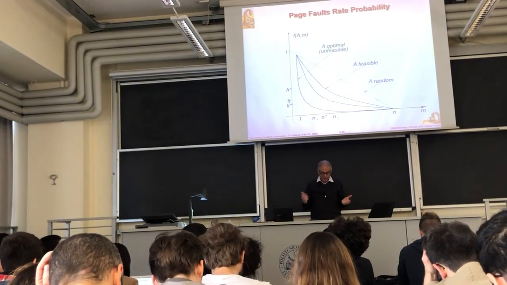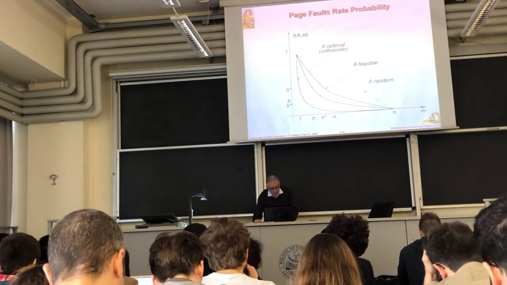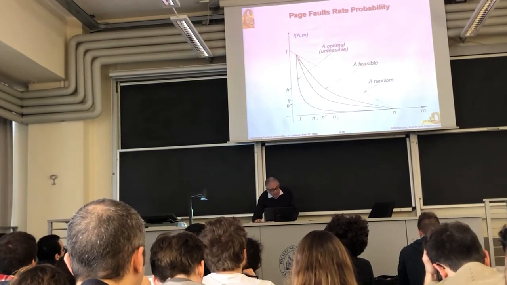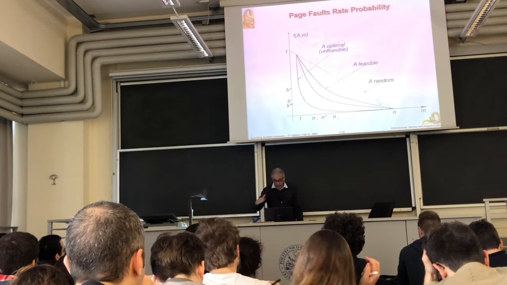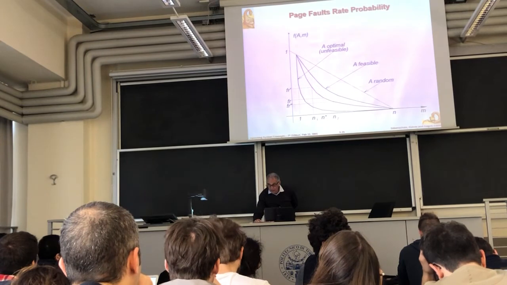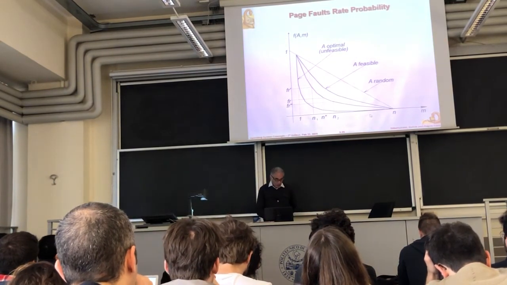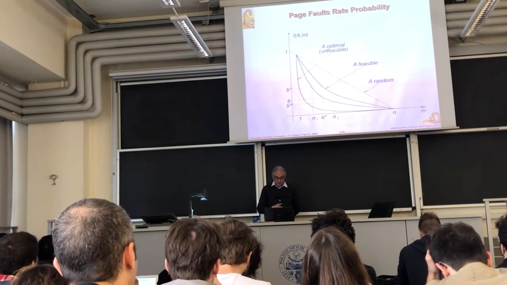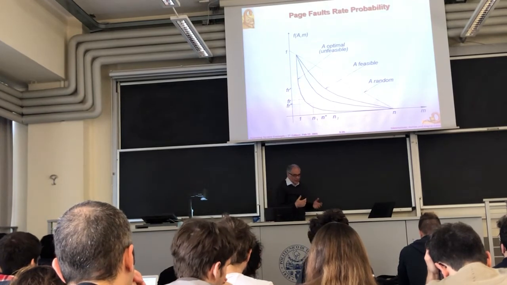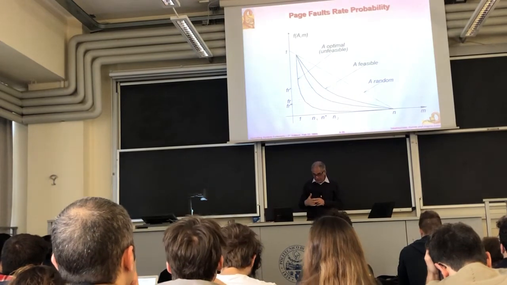for normal programs. What does it mean? Depending on the algorithm, you may have an exponential curve that is near to the linear behavior or goes toward the optimal behavior. Okay? How do I define the optimal behavior? A strategy that knows the future and so minimizes the number of page faults.